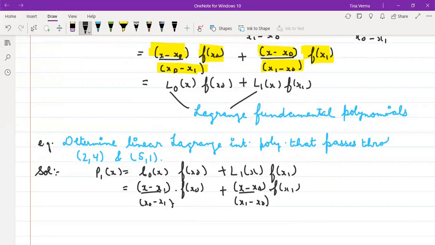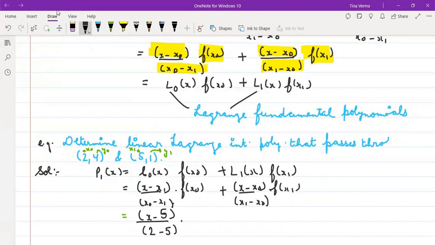These points, if you can see, this is your x naught, this is your y naught, this is your x1, and this is your y1. So you have x minus 5 divided by x naught minus x1, that is 2 minus 5.